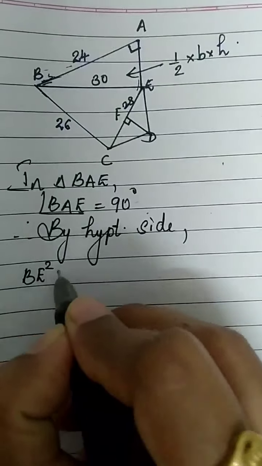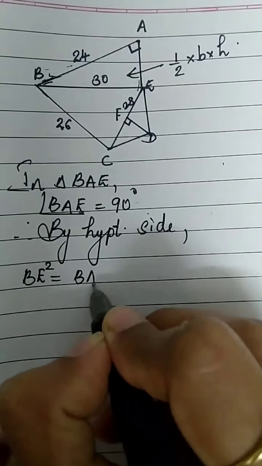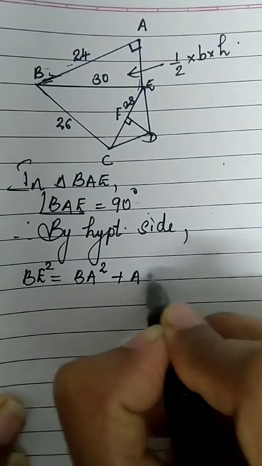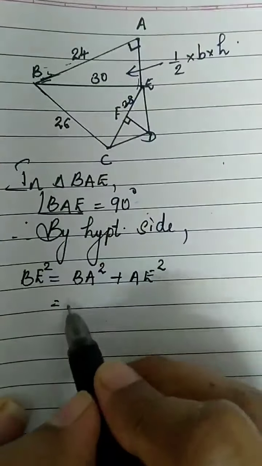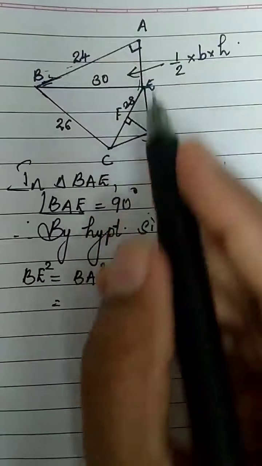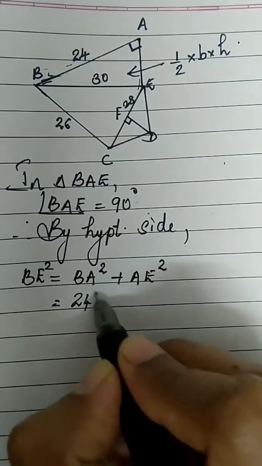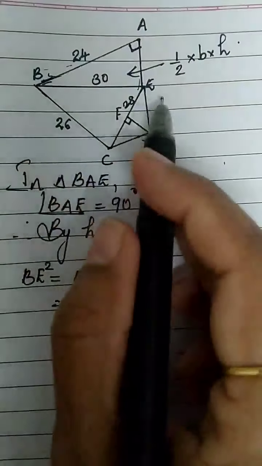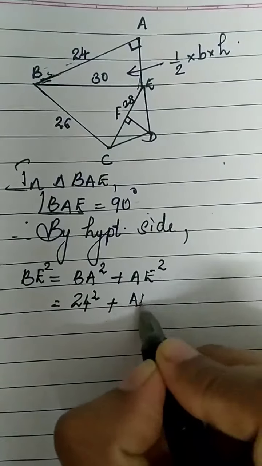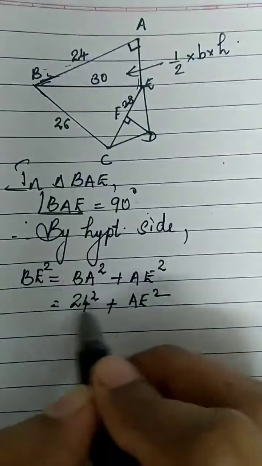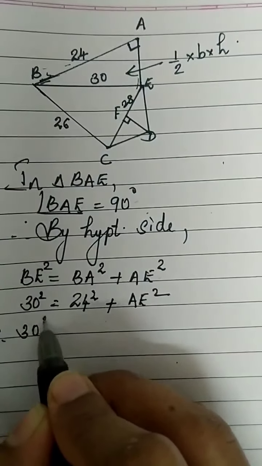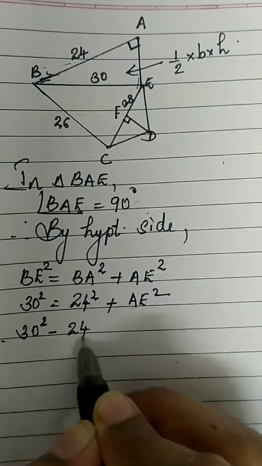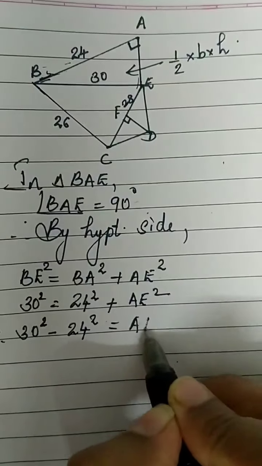BE square is equal to BA square plus AE square, which is equal to 24 square plus AE square, and BE, the hypotenuse, is 30 square. So therefore 30 square minus 24 square is equal to AE square.